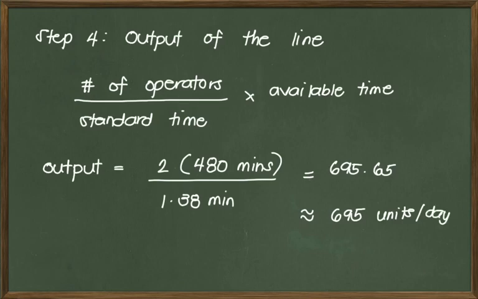Of course, if you want to know the output per hour, we just divide that by 8, since you have 8 hours per day. That will give you 86 units per hour.